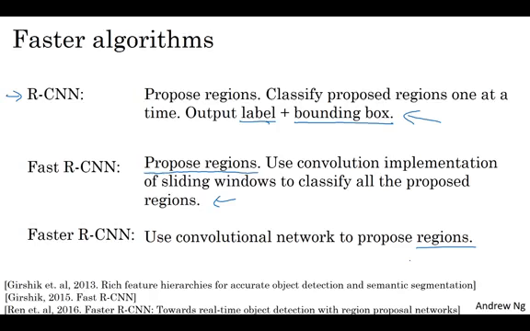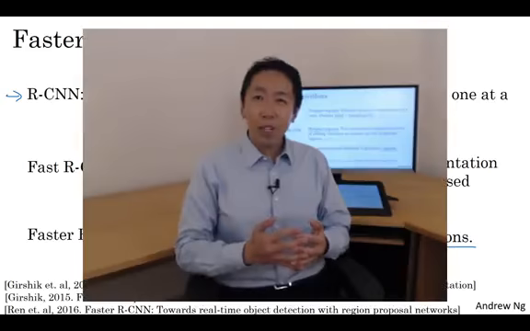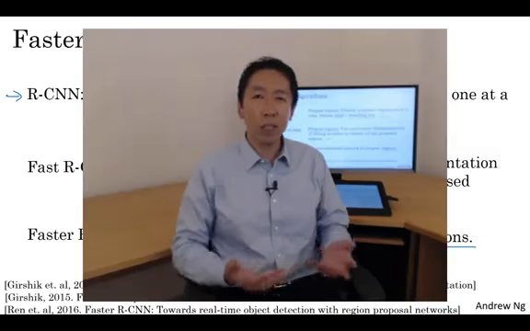Although I think the Faster R-CNN algorithm, most implementations are usually still quite a bit slower than the YOLO algorithm. So the idea of region proposals has been quite influential in computer vision, and I wanted you to know about these ideas because you see others still use these ideas.